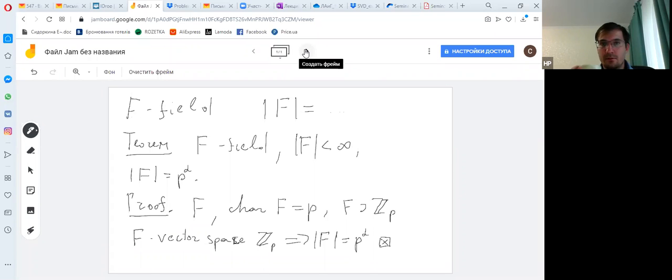Okay, then now we have this theorem, and the problem is rather simple because we just need to find all the numbers which are powers of prime numbers among the set 1, 2, 3, and so on, 10.